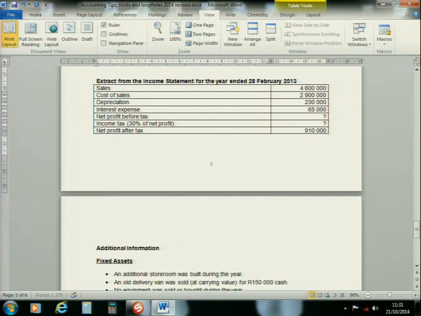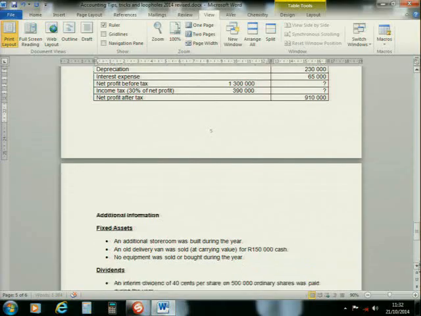This was determined as 390, you remember, and our net profit before tax was 1,300,000. That's what we determined, isn't it? So our tax for the year is 390.